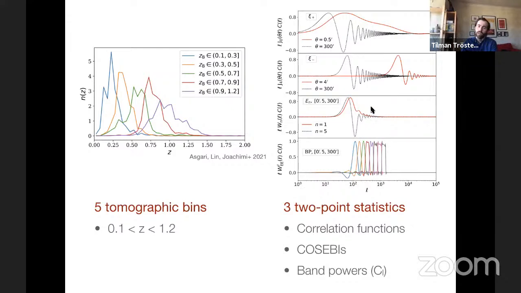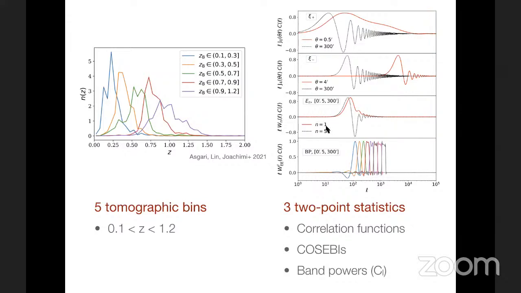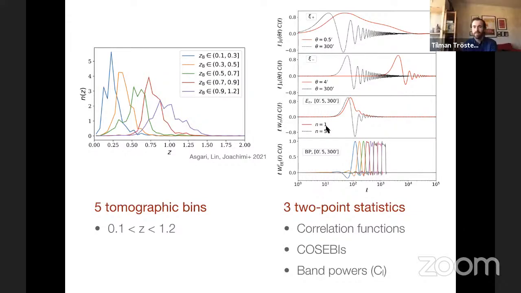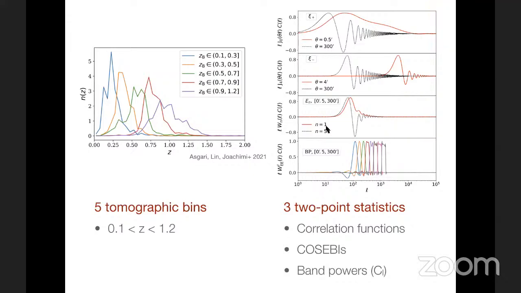So most of the information for cosmic shear is contained in the one mode, because cosmic shear really doesn't have any features in what it measures. So think of it as roughly like a Fourier transform of the correlation function-ish, where higher modes pick up basically small features in the correlation function. Thank you.